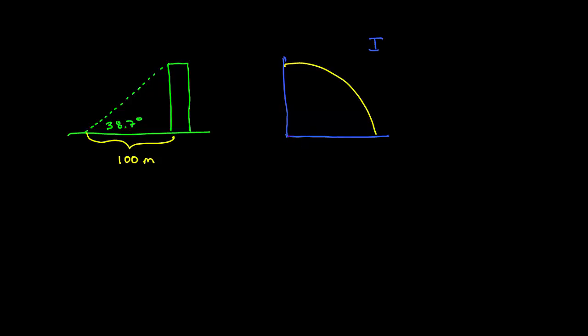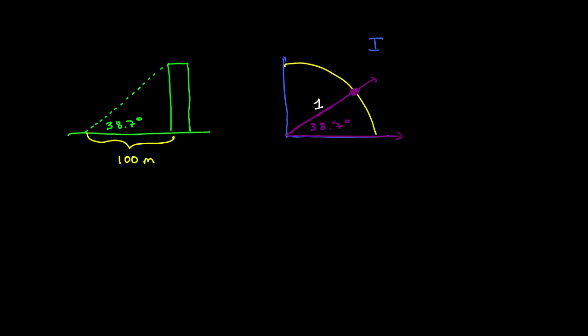So this is 38.7 degrees on the unit circle. Now the length of the hypotenuse here, because it's on the unit circle, is 1. It has a radius of 1 unit.